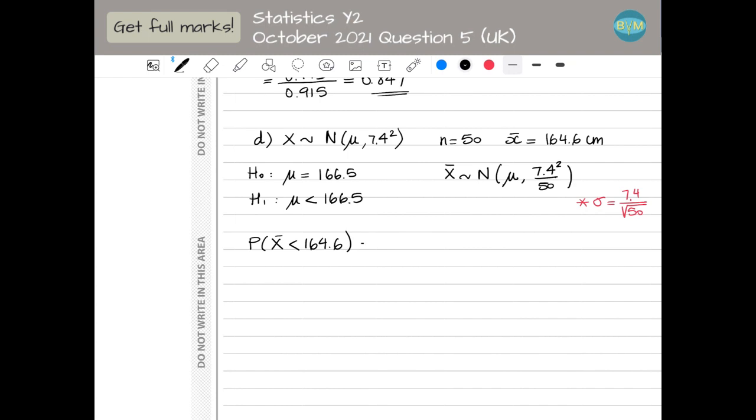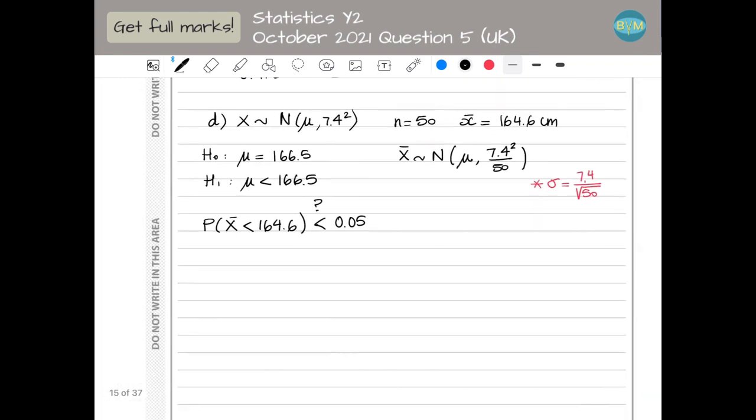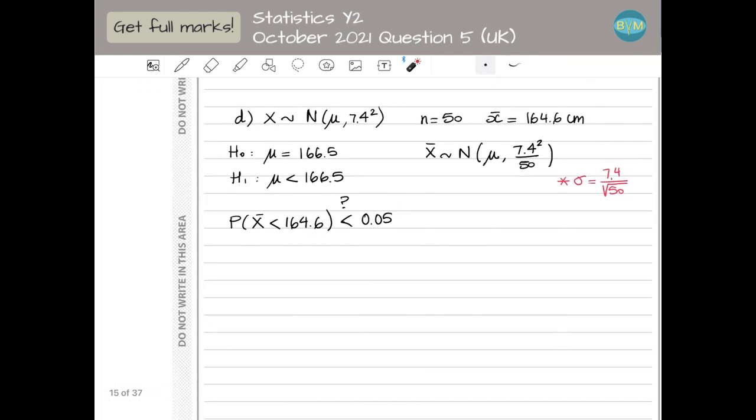We need to check if this is smaller than 0.05, which is our significance level. I'm sorry, I didn't copy it, but the level of significance is 5%. So we need to check if that's true, and then we'll decide. Probability of the mean being smaller than that value.